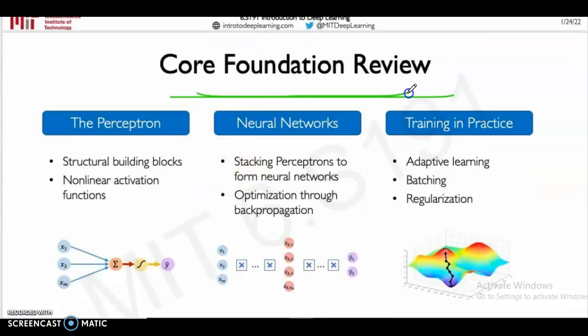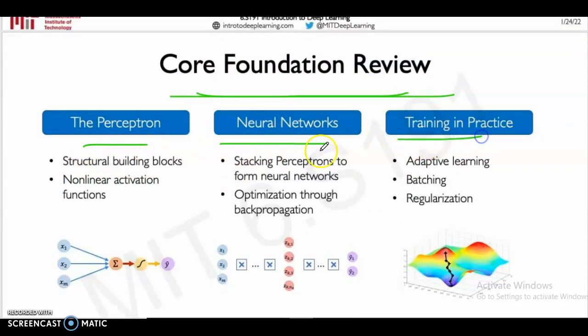Core foundation review. The perceptron, neural networks, training in practice.